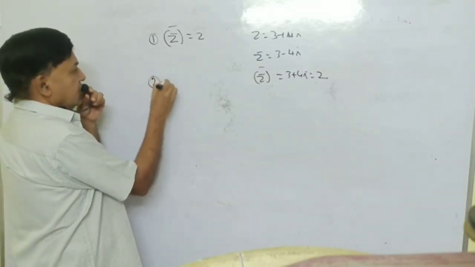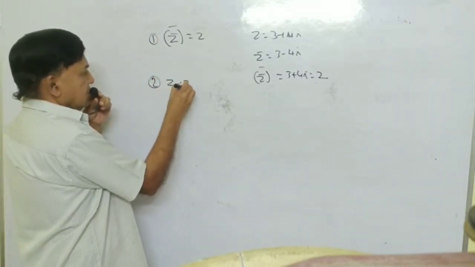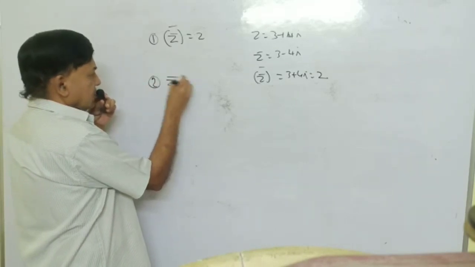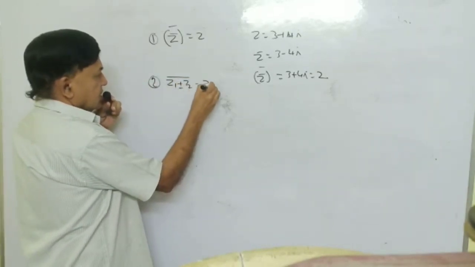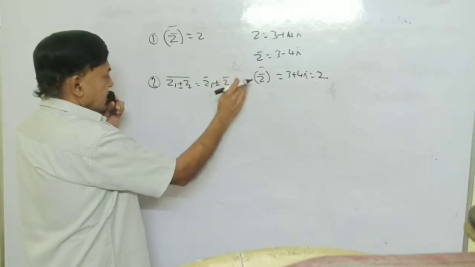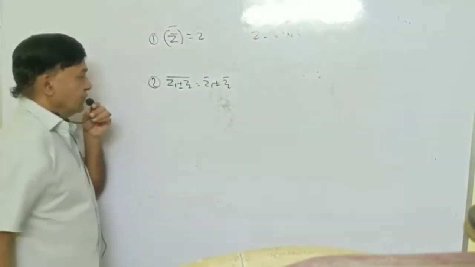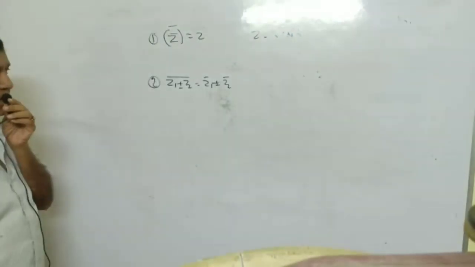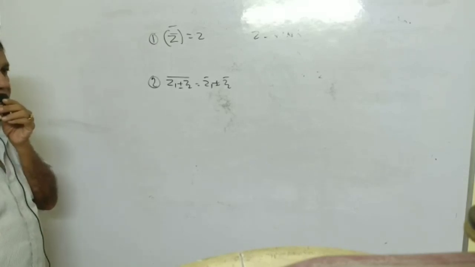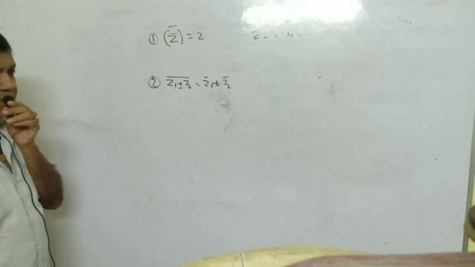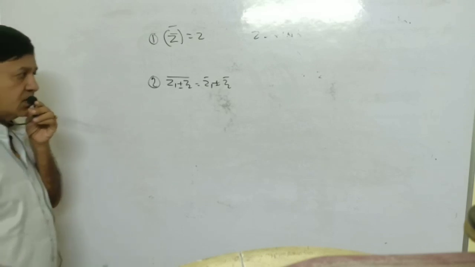The second property is (z1 plus or minus z2) whole bar is equal to z1 bar plus or minus z2 bar.